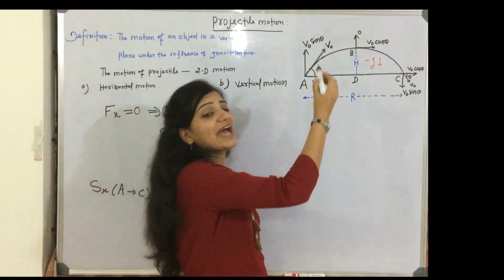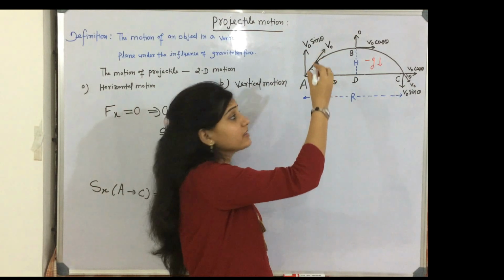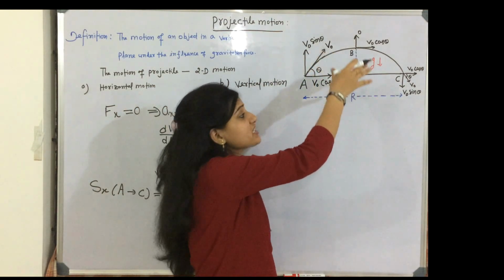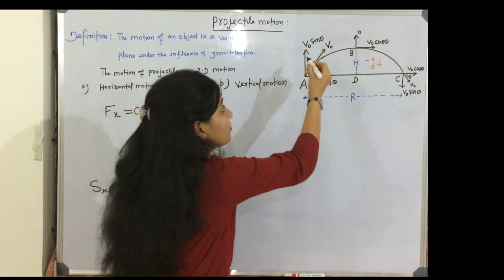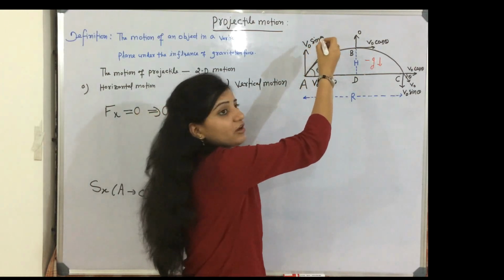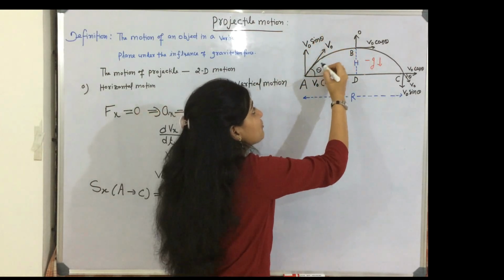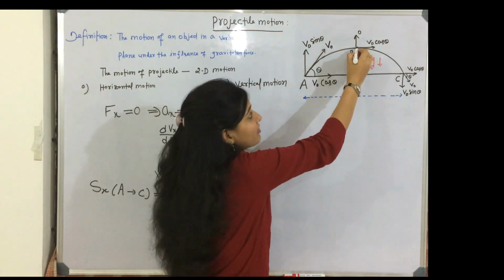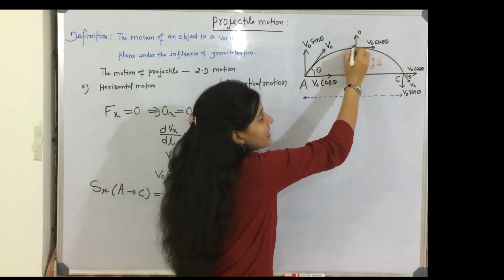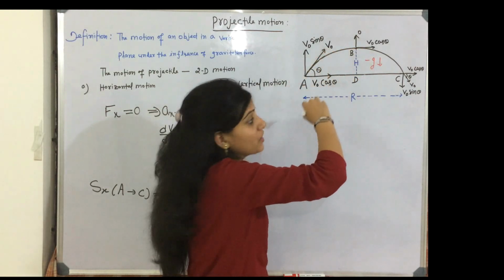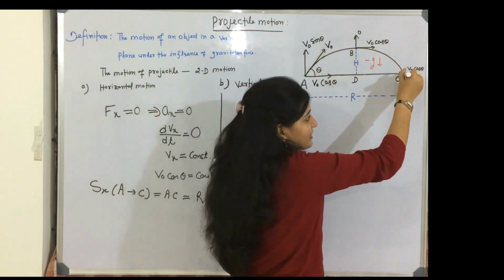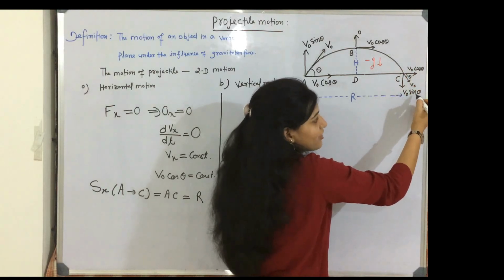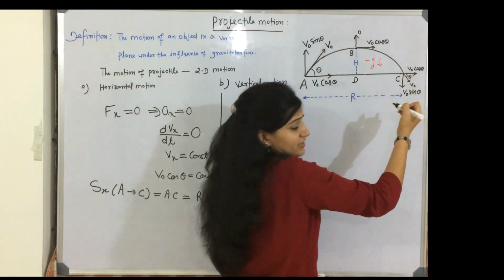The only force acting on a projectile is the gravitational force, which is acting in the vertical downward direction. So, the vertical velocity of the projectile will decrease with time and will become 0 at the highest point of the trajectory. It will again increase and regain the velocity at point C, which is V0 sin theta in the downward direction.